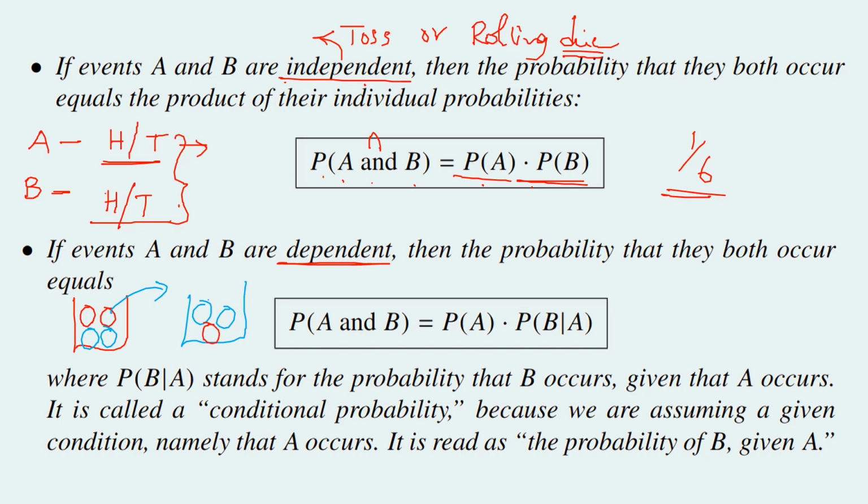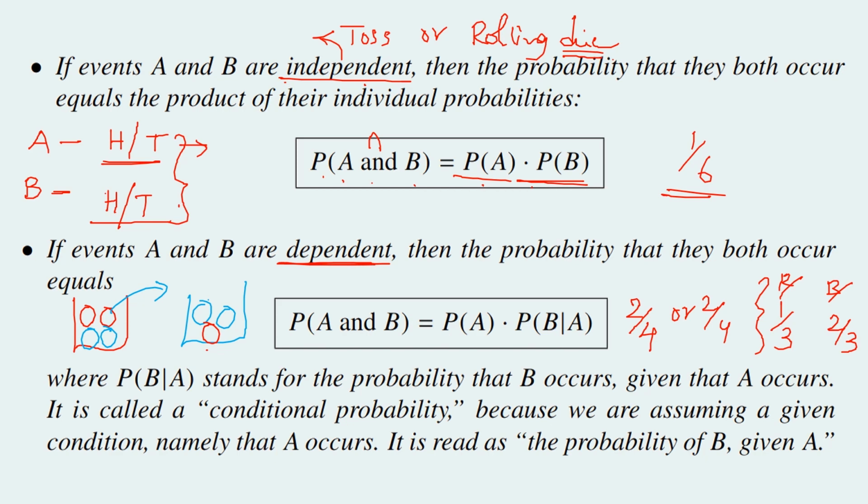In the first event, the probability of getting red is 2 by 4 and blue is also 2 by 4. In the second event, the probability of getting red is 1 by 3 and the probability of getting blue is 2 by 3. We can clearly see that there is a change in probabilities because of the outcome of the previous event. Such events, where the outcome of the previous event influences the outcome of the current event, are called dependent events.